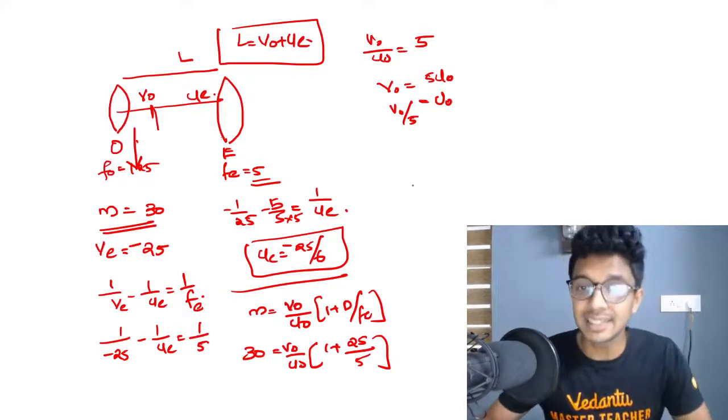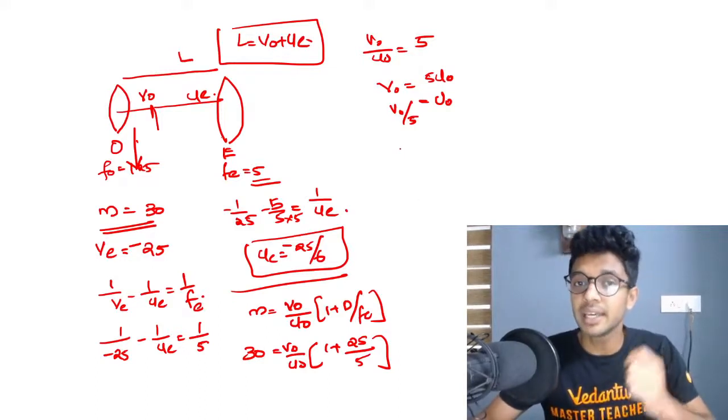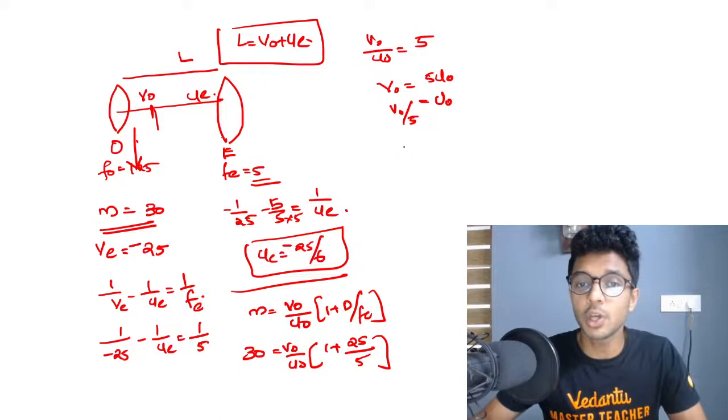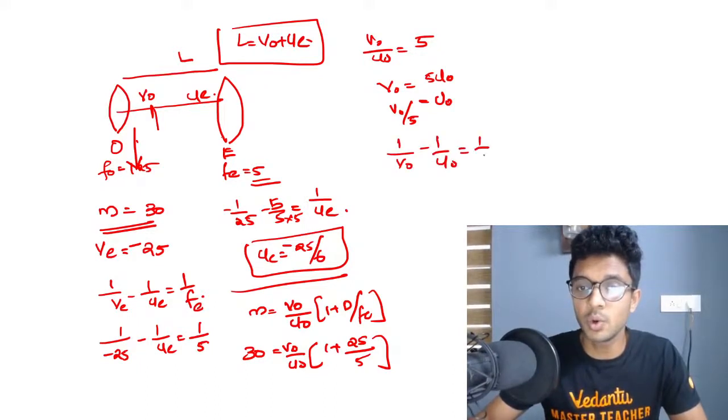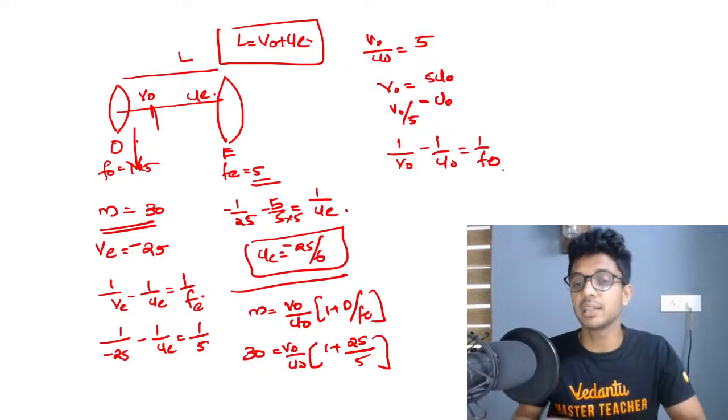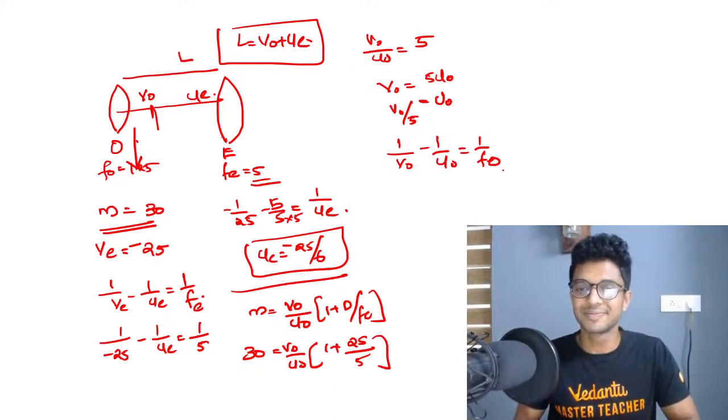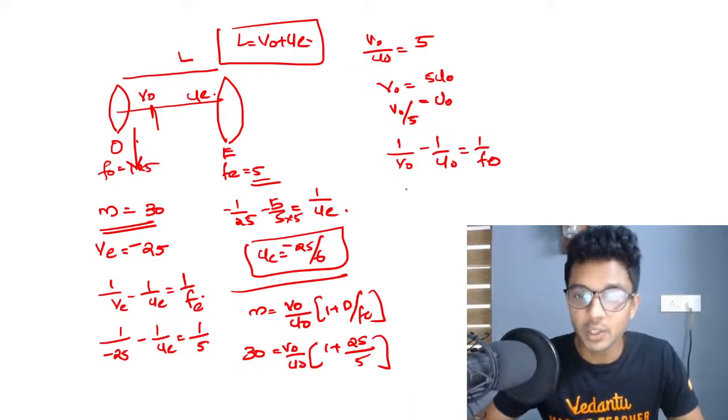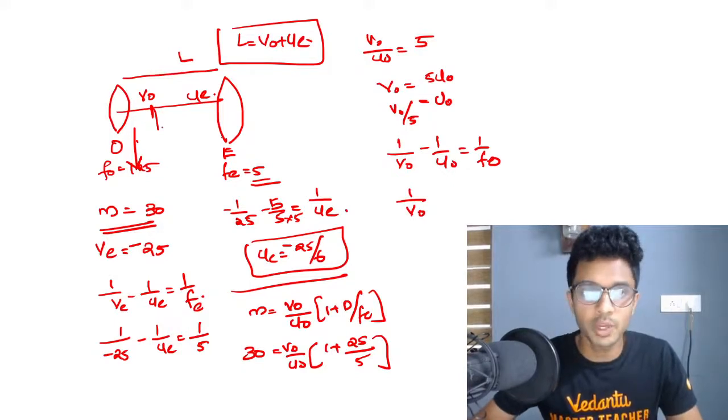The reason is, now we are going to apply the lens formula for the objective lens. 1 by VO minus 1 by UO is equal to 1 by focal length of objective. So 1 by VO has to be found out, minus 1 by U of the objective, that is V naught by 5 goes up.